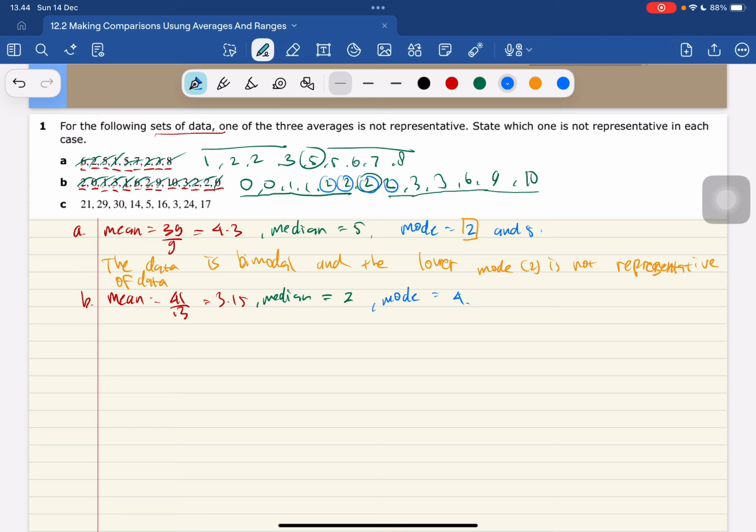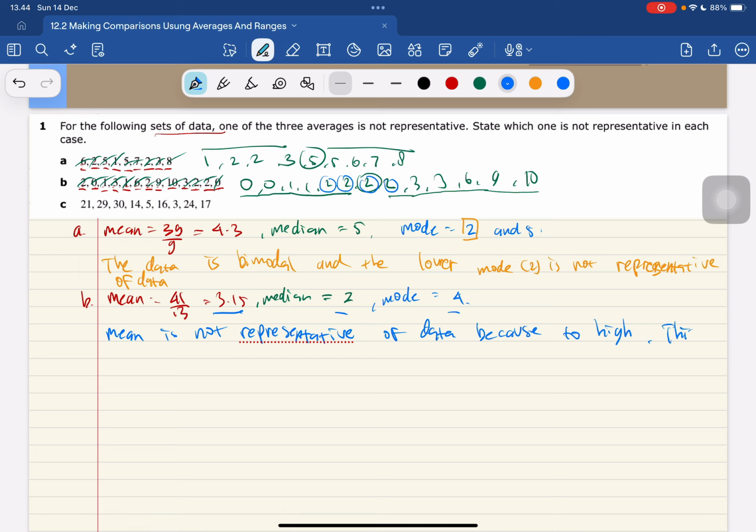So look at the mean, median, and mode. The mean is not representative of the data because it is too high.